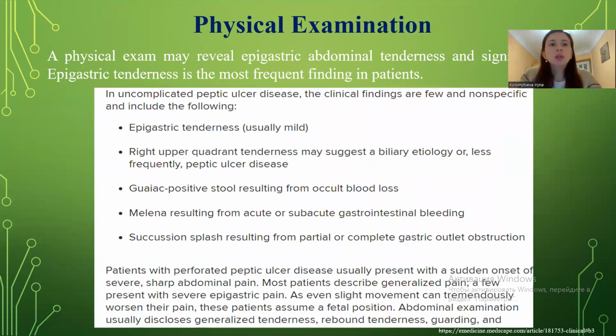Physical examination. Physical exam may reveal epigastric abdominal tenderness and signs of anemia. Epigastric tenderness is the most frequent finding in patients. In uncomplicated peptic ulcer disease, the clinical findings are few and non-specific and include the following: epigastric tenderness, right upper quadrant tenderness, which may suggest a biliary etiology or, less frequently, peptic ulcer disease.